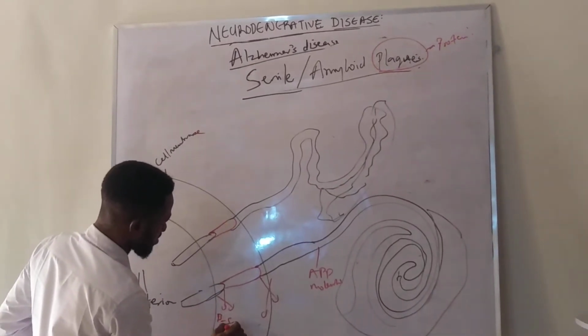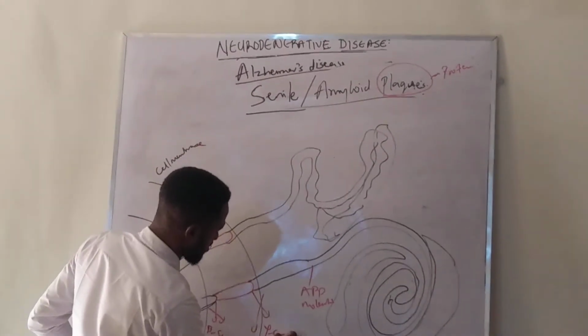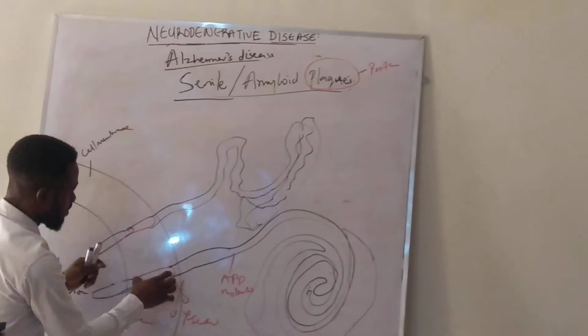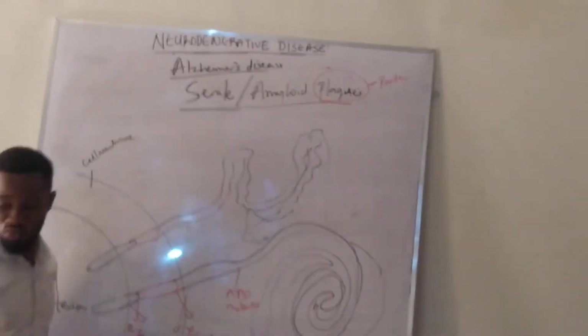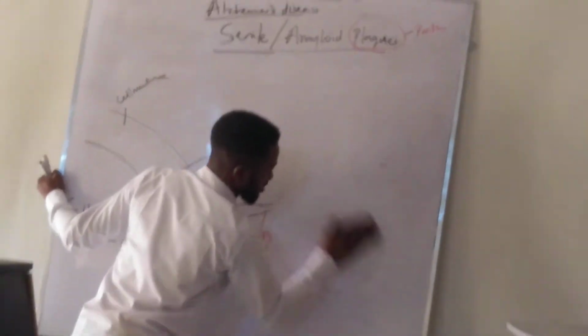Beta secretase, and we have a gamma secretase. So these cleave off beta amyloid into fragments.